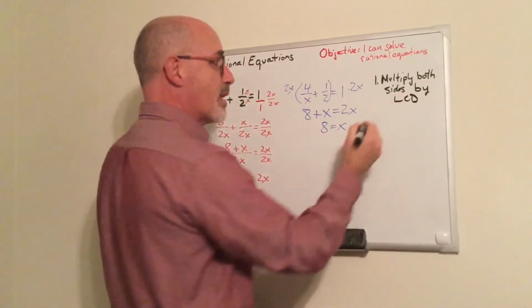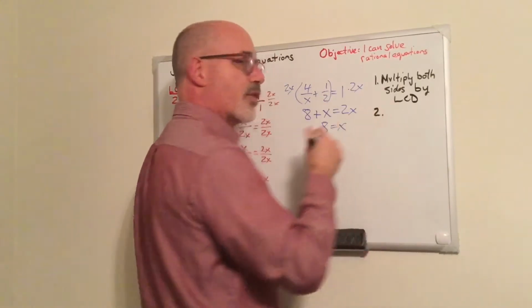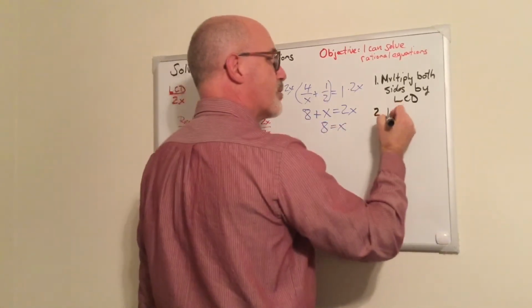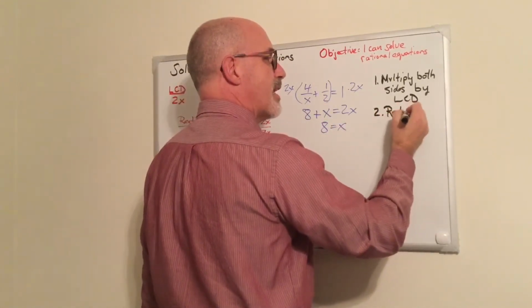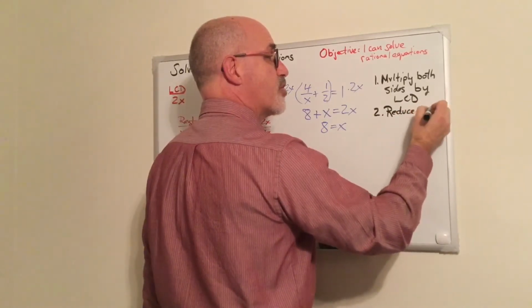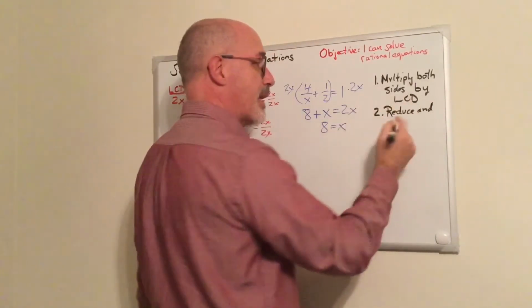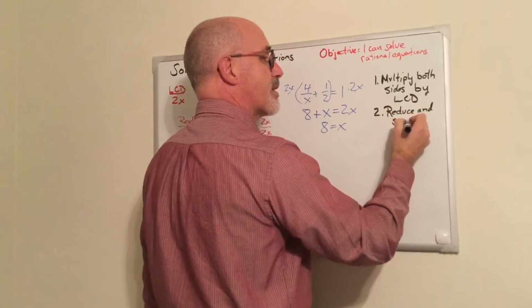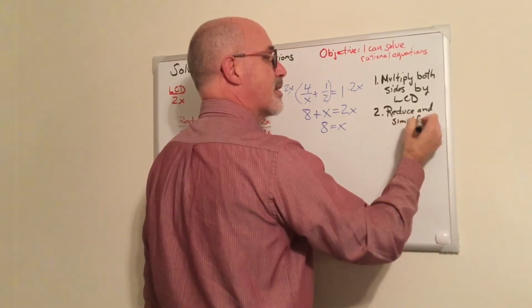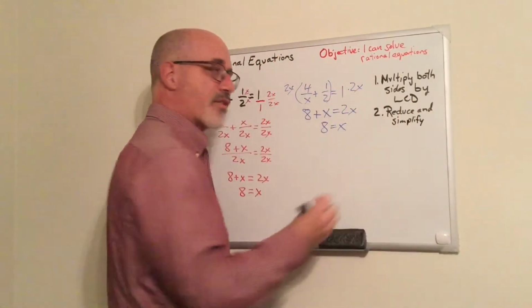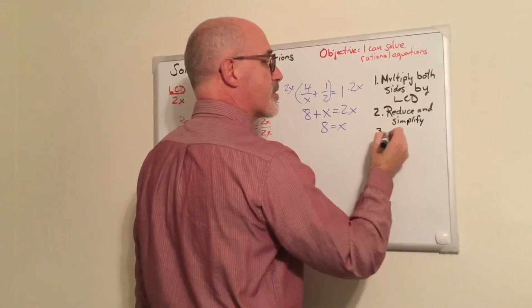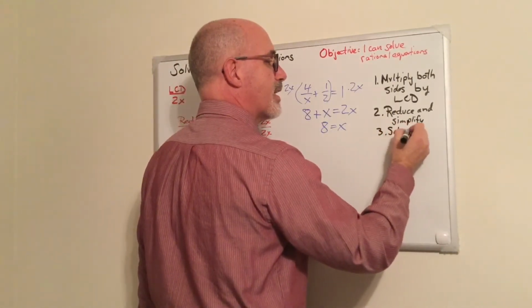When we do that, we multiply it through, reduce and simplify. The result should be that there are no more denominators. Then the third step is to solve our equation.